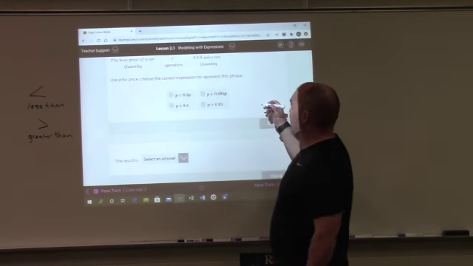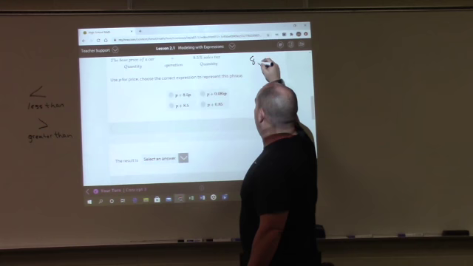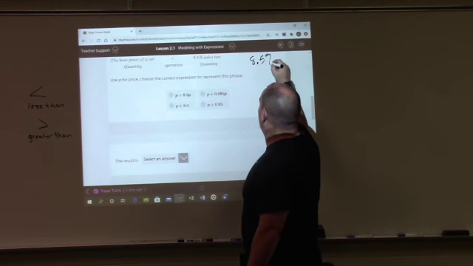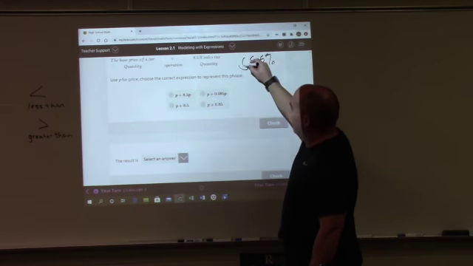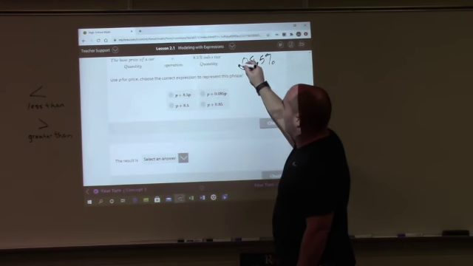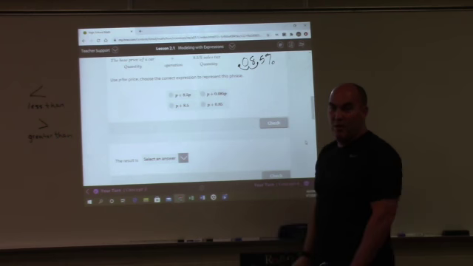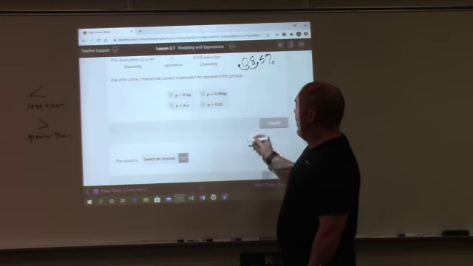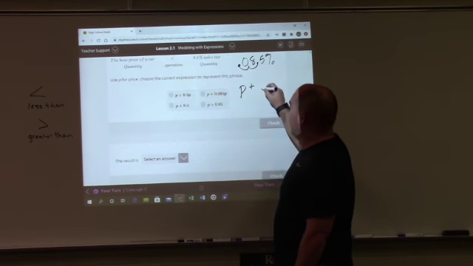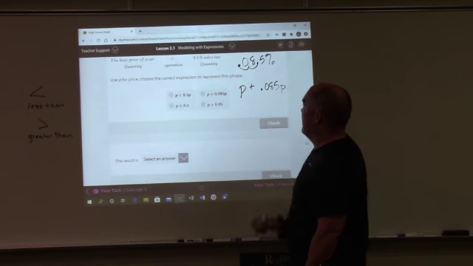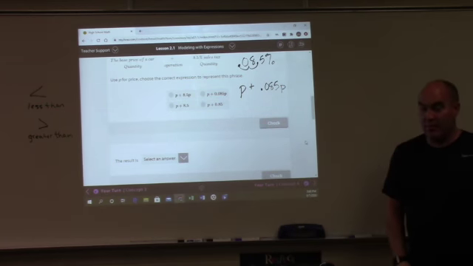So when we change that percent to a decimal, if it is 8.5%, we're going to move the decimal 2 times. So this becomes 0.085. So we have the price of the car, and then we're going to add it to 0.085 times the price of the car.